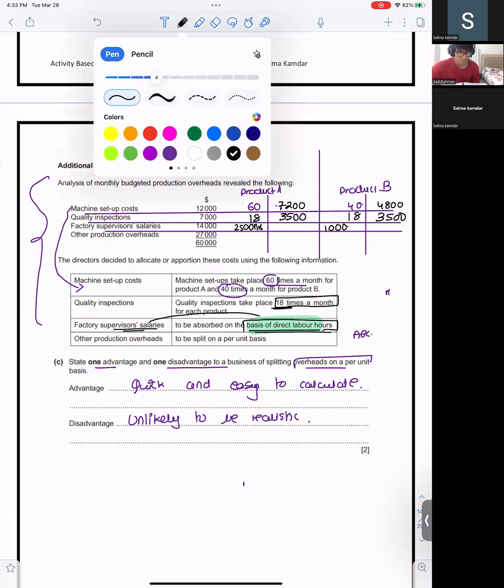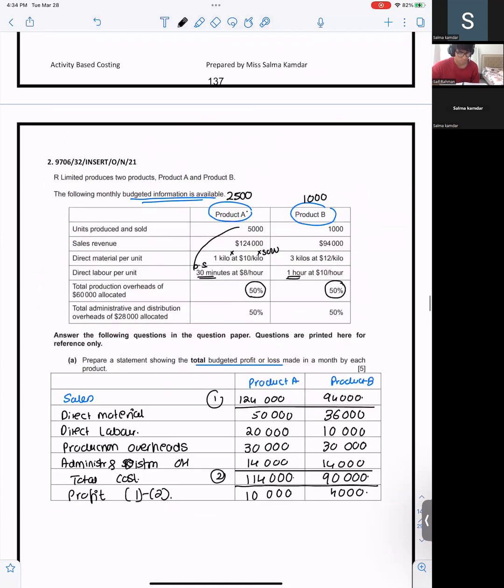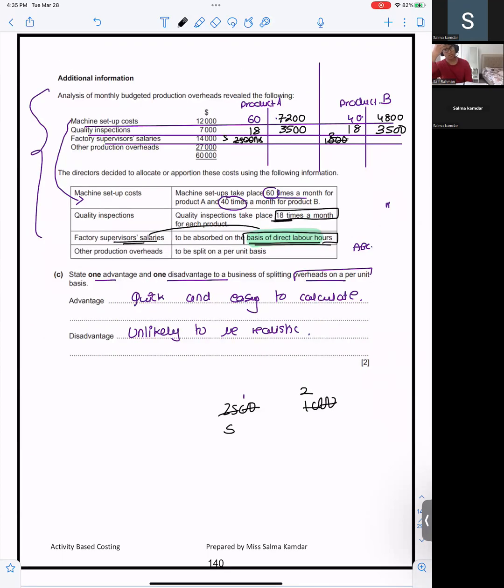Are you getting the proper labor hours? Check please. It's half hour, so 5,000 into 0.5. What are you getting? It's 2,500 hours for this and 1,000 hours for this. Okay.